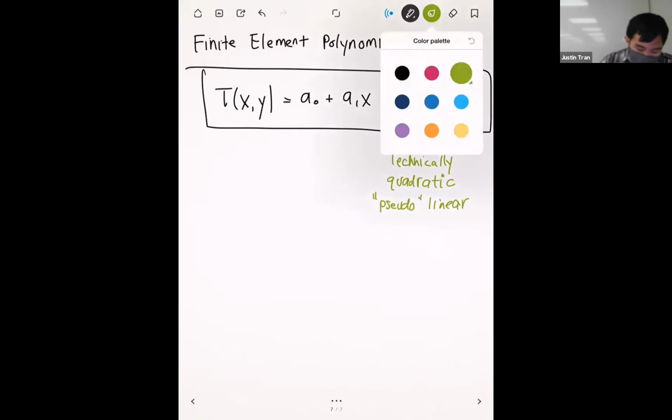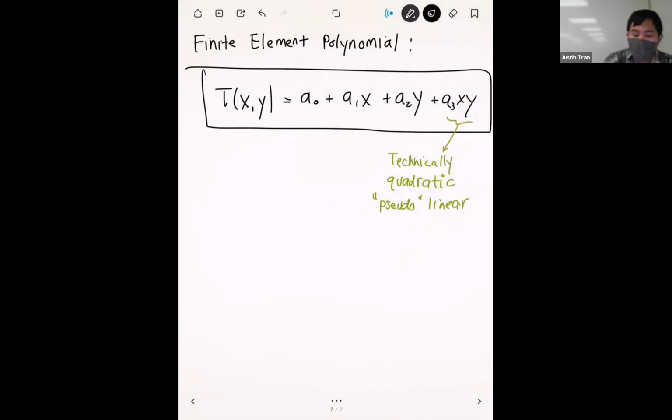And so just like we did with the 1D linear case, in order to solve for these constants, we're going to require that the solutions match the nodal values.